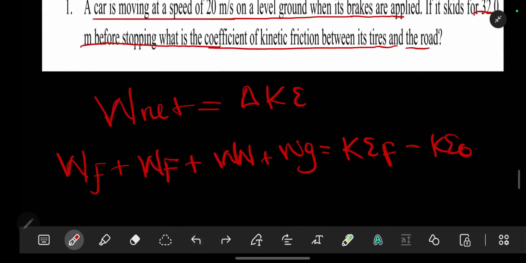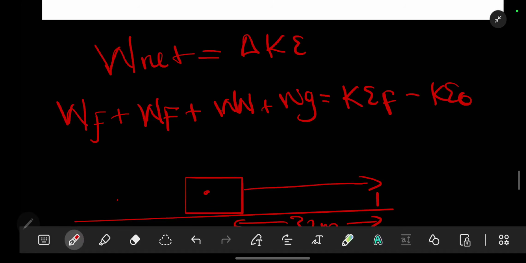So there is no forward driving force, therefore this force is zero. The normal force is pointing up and the car is moving in this direction, therefore the work done by the normal force is equal to 0.